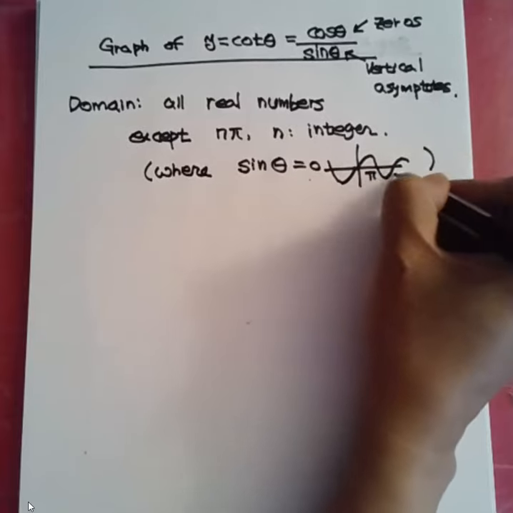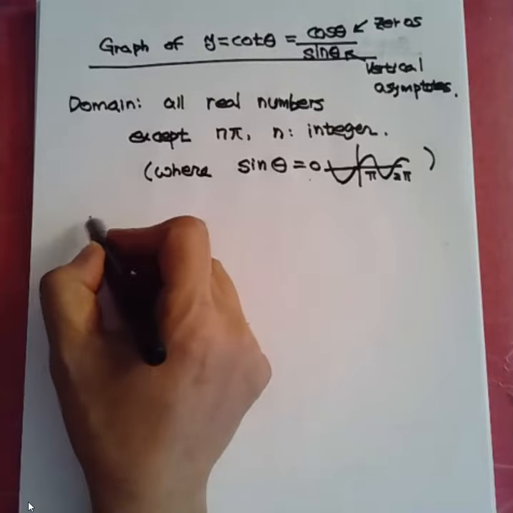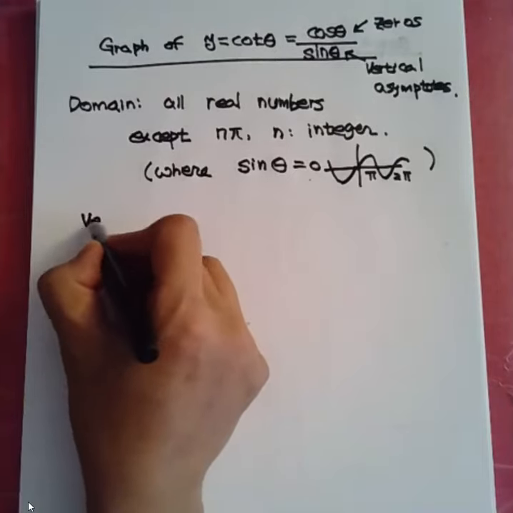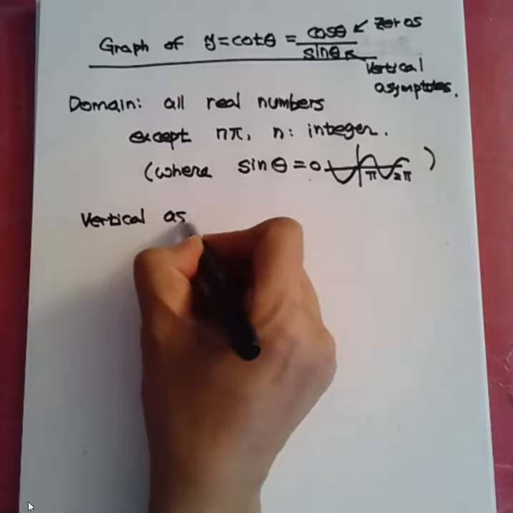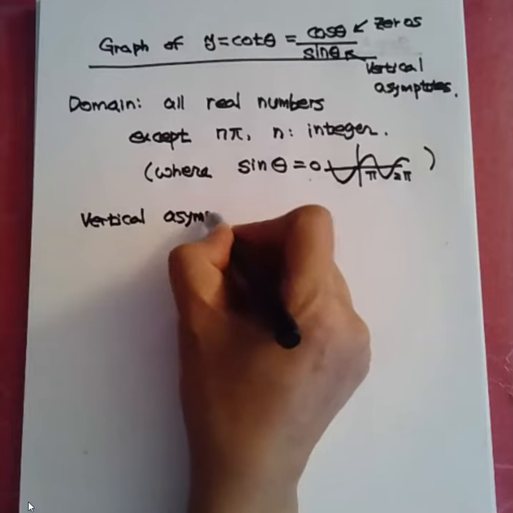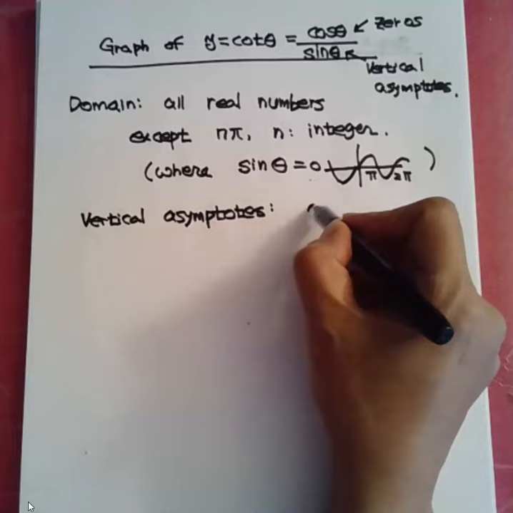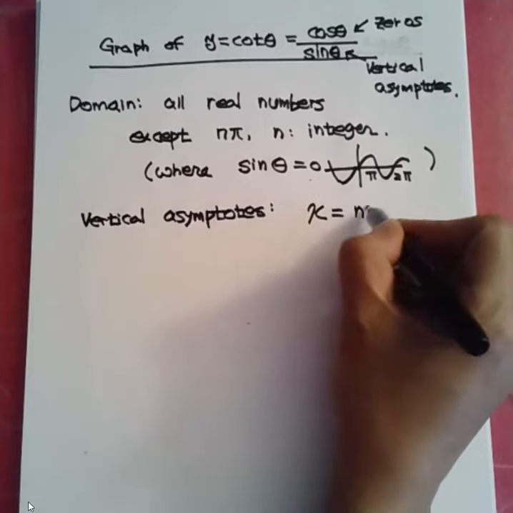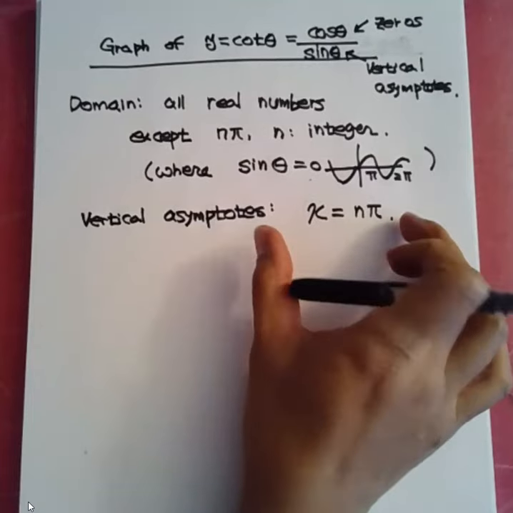This is pi, this is 2 pi, and so on. I said this determines the vertical asymptote. Vertical asymptotes are x equals n times pi. This is the equation of the vertical line.